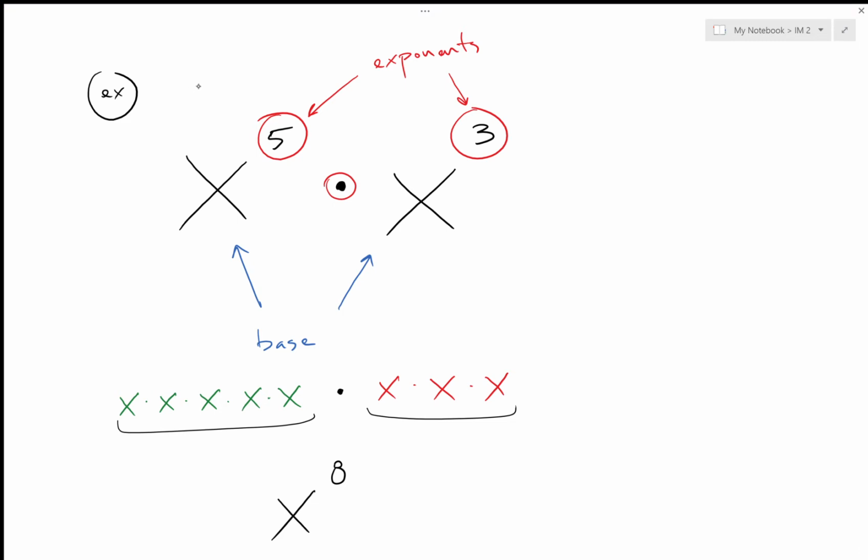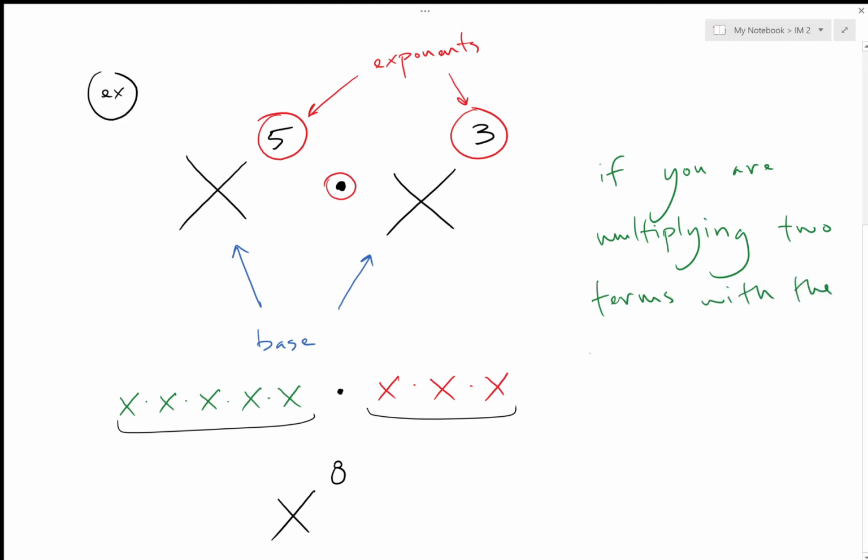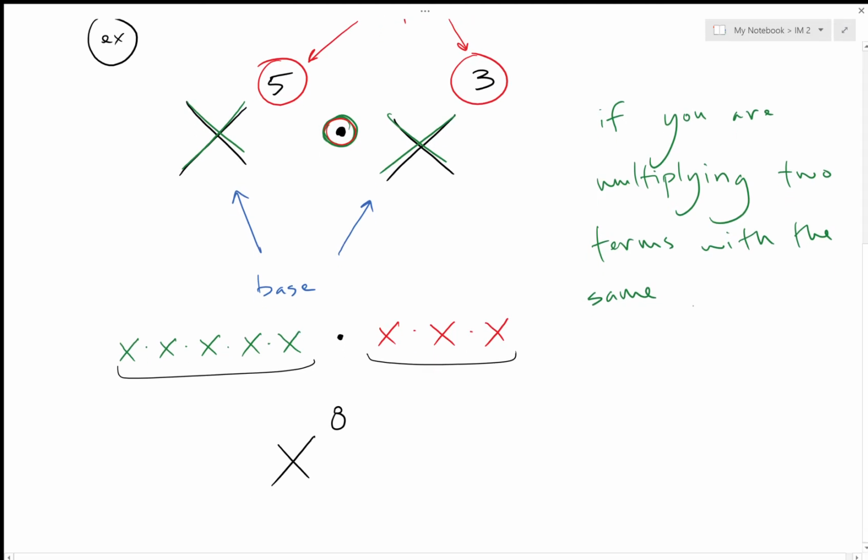So let's make the rule for that. I'm going to write it off on the side. If you are multiplying two terms with the same base, so we look at this case, both bases are x, so if they have the same base and we're multiplying them, so they have to have the same base, all you're going to do is you add the exponents.